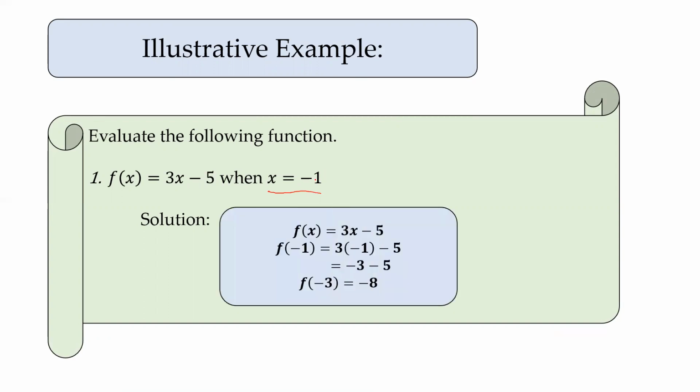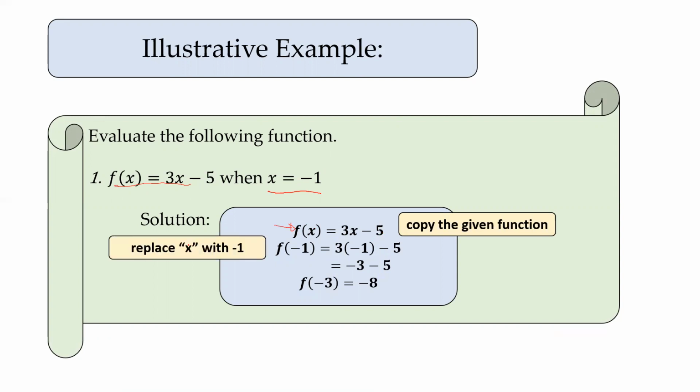Therefore, the solution would be this. First, you have to copy the given. So this is the given, so we only copy: f of x is equal to 3x minus 5. Next step, we have to replace x with -1. Therefore, that would become f of -1 is equal to 3 times -1 minus 5. All right? Then we have to perform operations. So we have -3.